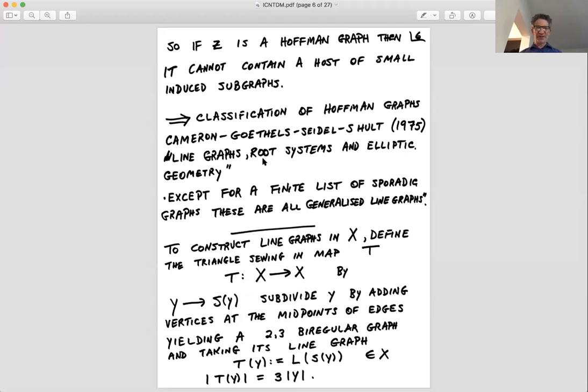I highly recommend this beautiful paper. We'll be using this characterization of graphs whose spectrum starts at -2 and to the right, and we'll apply it to 3-regular graphs.